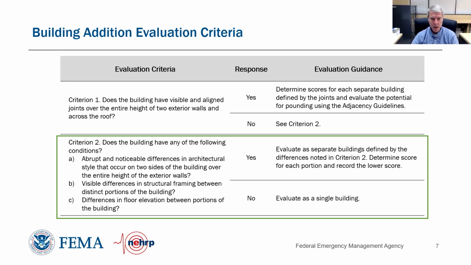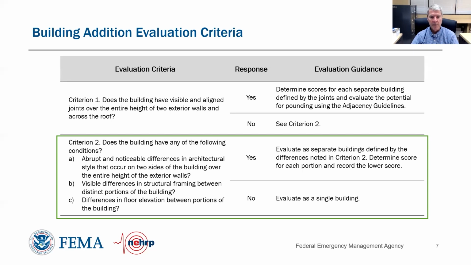The third one, or part C in criterion 2, says, do I have differences in the floor heights throughout the elevation? That really suggests, do I have horizontal continuity between the two buildings, suggesting I have the same building, or if they don't align, more strongly suggesting they're two separate buildings.